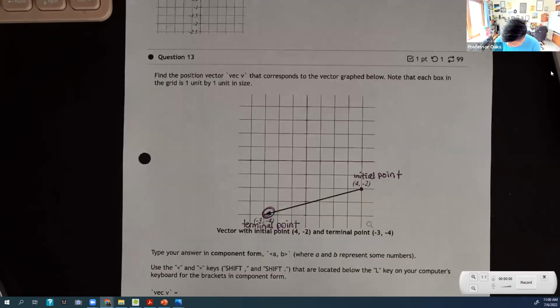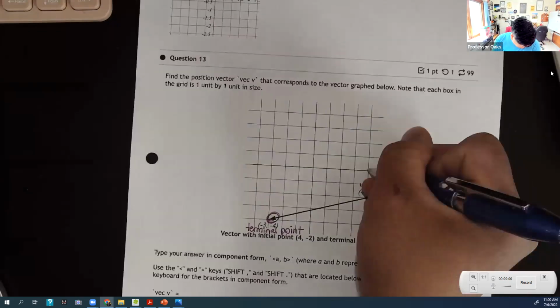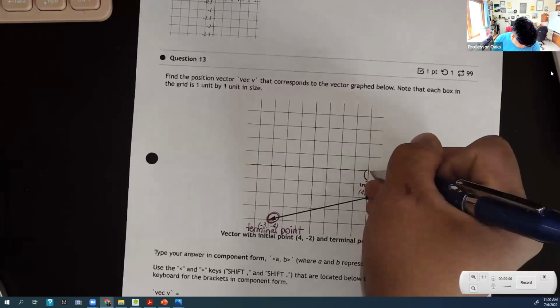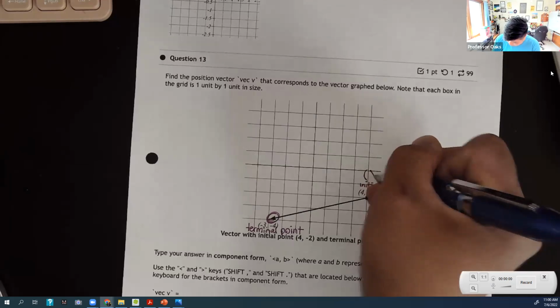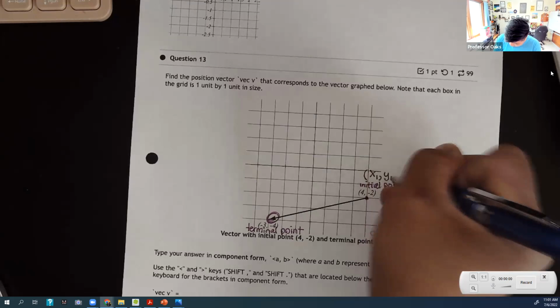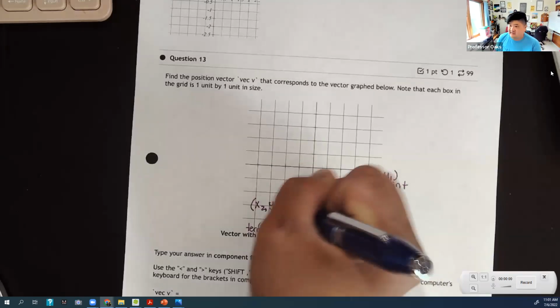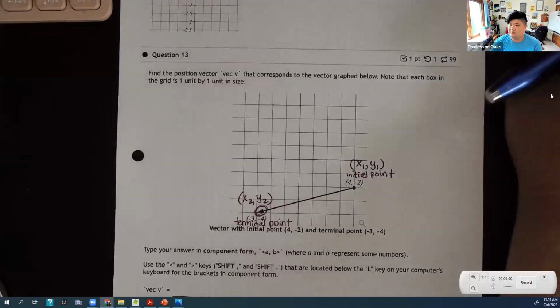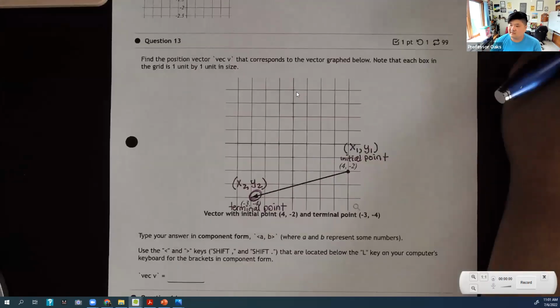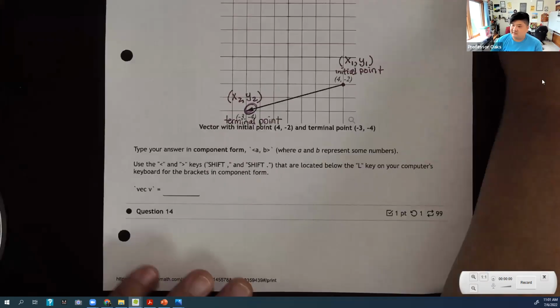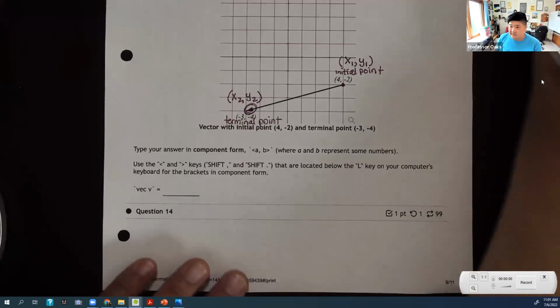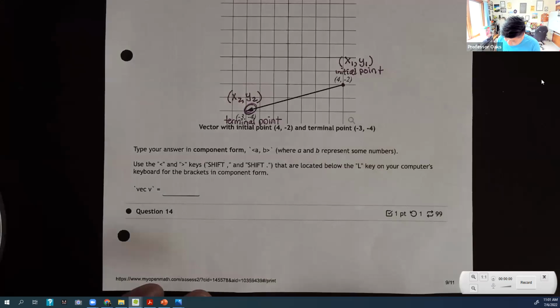If you call this one x1, y1 and this one x2, y2, then the whole problem is that you have to remember to subtract them in the correct order.